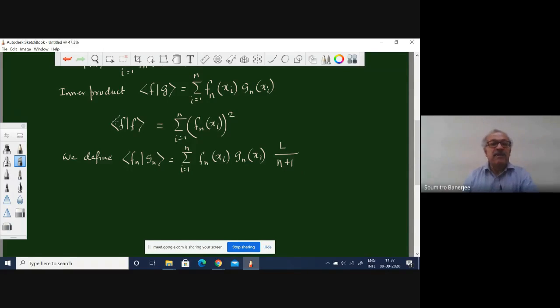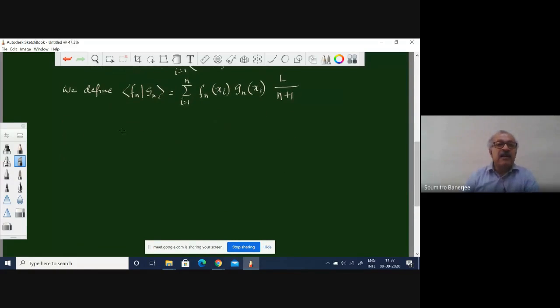And if it remains bounded, then we can write it in the limit, g, sorry, not n, because now we are taking the limit. It will be integral 0 to L f(x) g(x) dx.